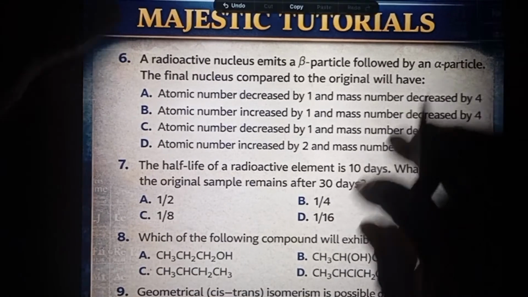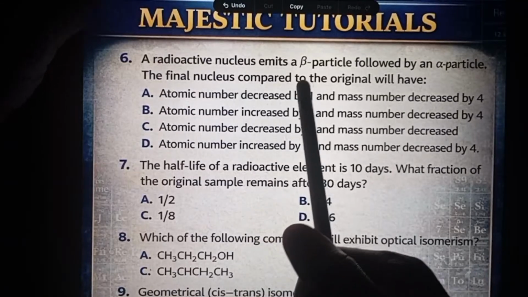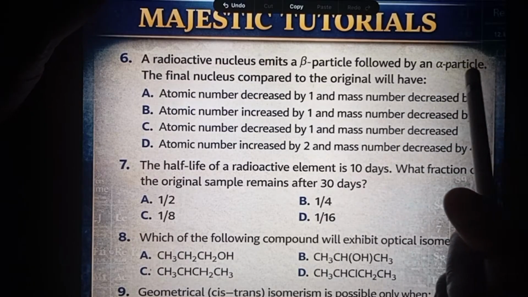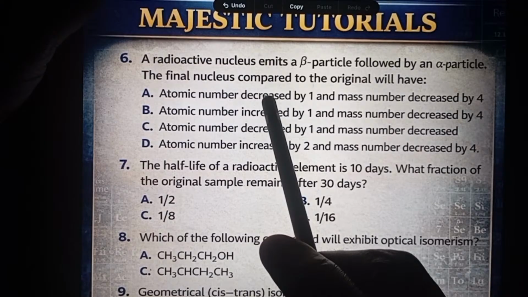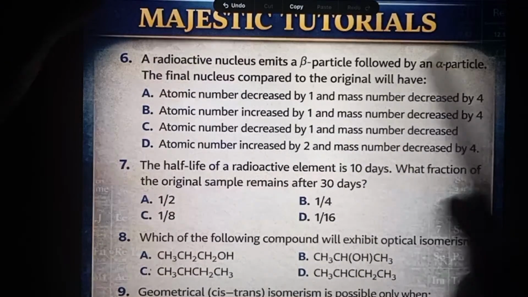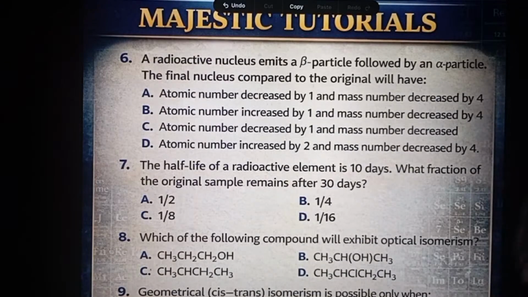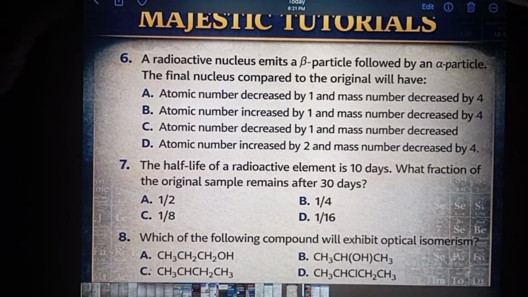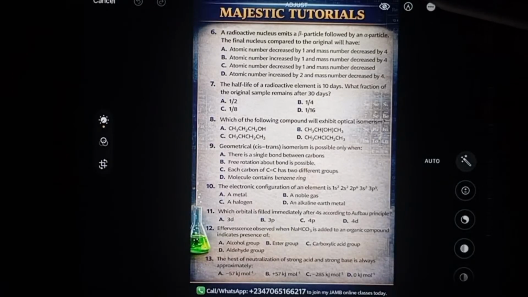This question says a radioactive nucleus emits a beta particle followed by an alpha particle. The final nucleus compared to the original will have what? Your job is to know which one is beta and which one is alpha.